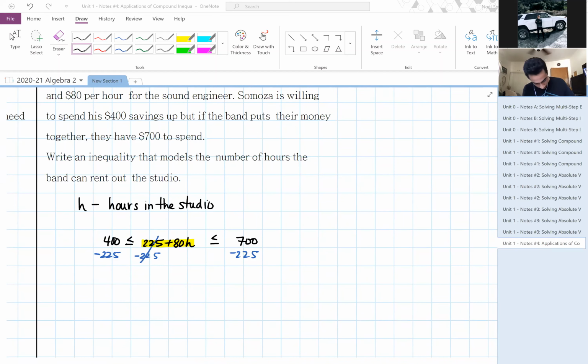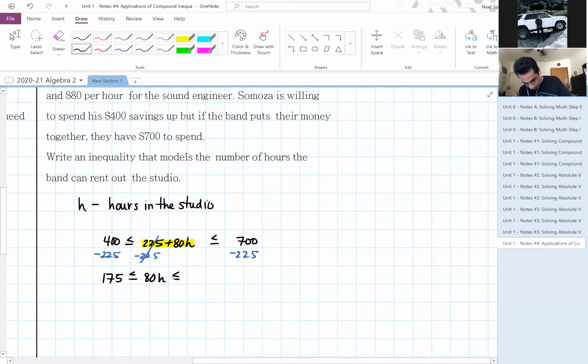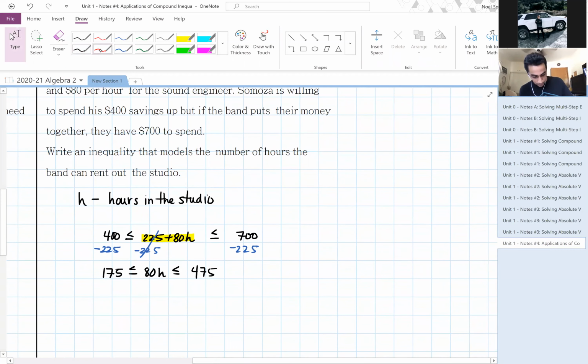Yeah, we have 175, which will be less than or equal to 80H, which is less than or equal to, I believe this will be 475. All right, so then to get H by itself, we would just divide all three sides by 80.